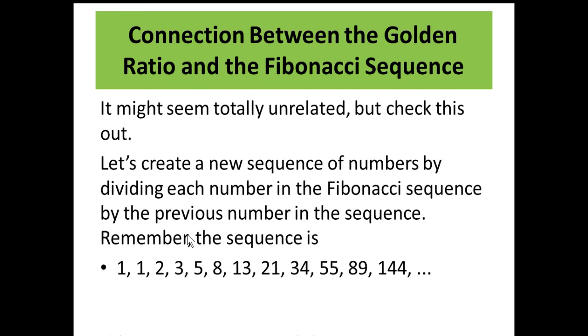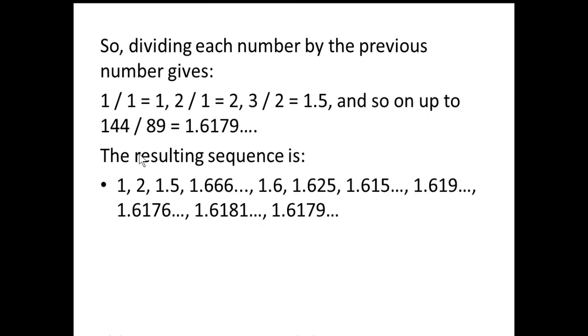So remember this is the Fibonacci sequence. If you divide 1 by 1, it is 1, 2 by 1 it is 2, 3 by 2 it is 1.5, and so on up to 144 by 89, this is 1.617. So the resulting sequence is this. Here you can see that this sequence is approaching the golden ratio.